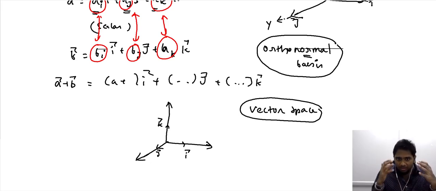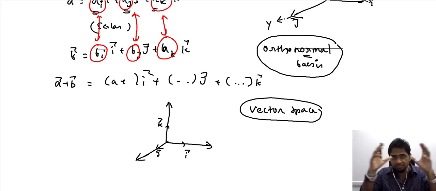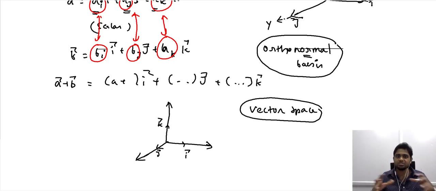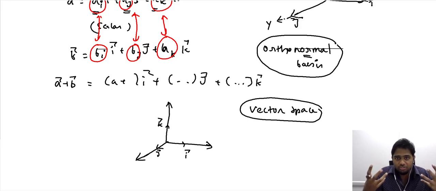Therefore, it is possible for us to treat the space of the coordinate system that is created by the ijk vectors as a vector space. The reason we just consider ijk is because the highest dimension that we are able to possibly conceive is three dimensions.